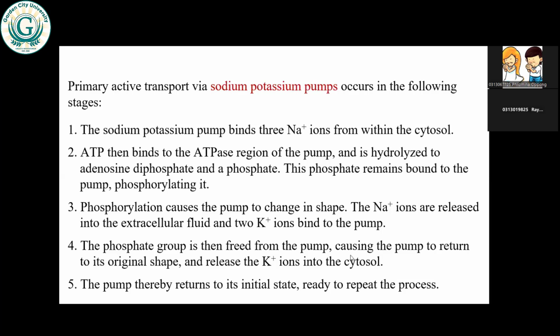Room 1, well done. Room 2. Room 1, kindly lower your hands. So I have 2, Prince Opoku and Bright Opoku.